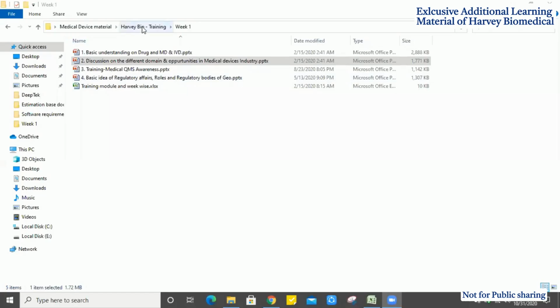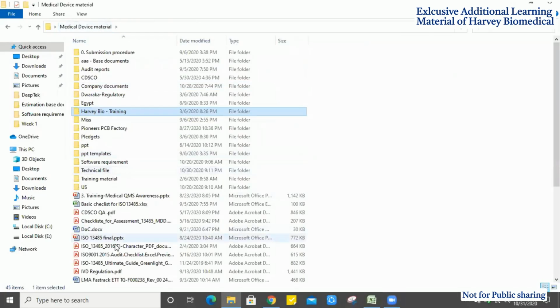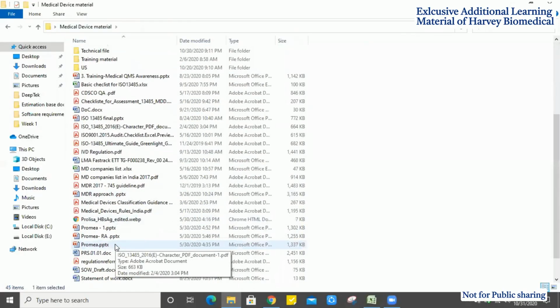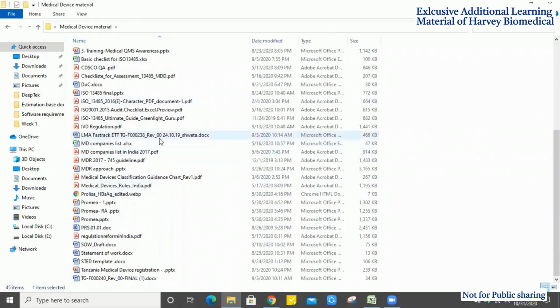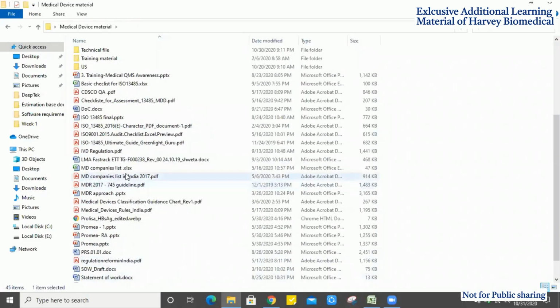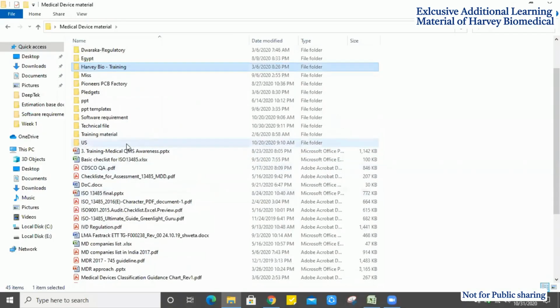If required, I can show the device classification. I think I shared it. I'll show by afternoon how the device classification will be.